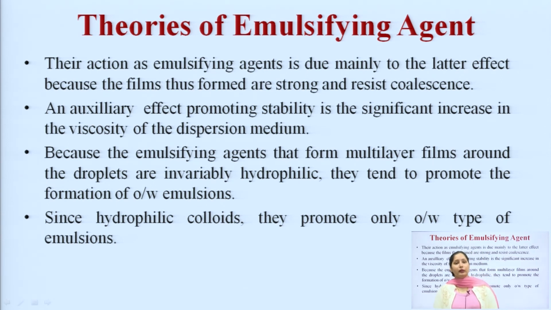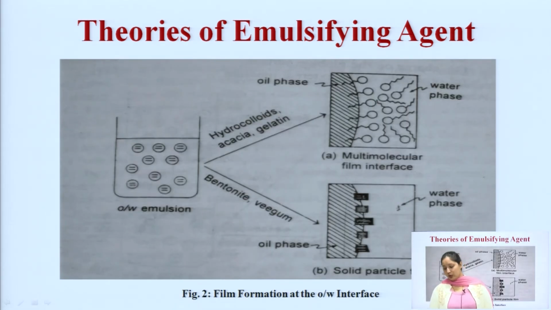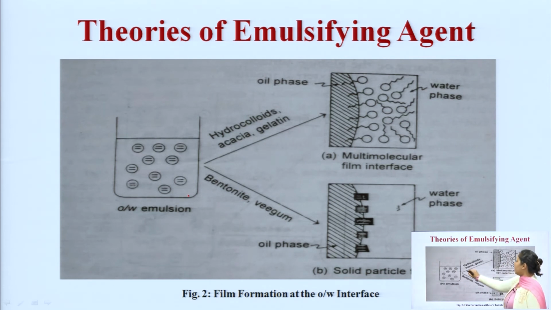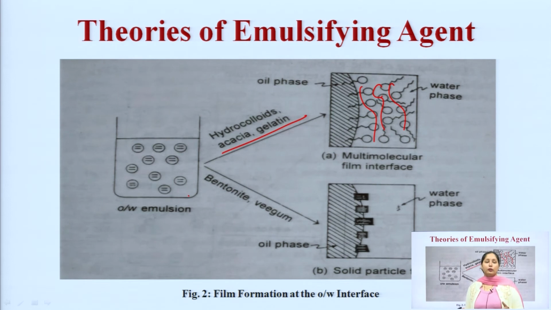Thereby they prevent the collision between the two oil globules. If we see in this figure, this is an oil in water type of emulsion, and we take a hydrocolloid, that is acacia or gelatin. At the interface, they form multiple layers to prevent the collision between the globules of the dispersed phase.